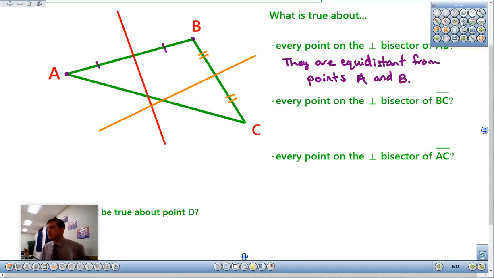Okay, so what is true about every point there?